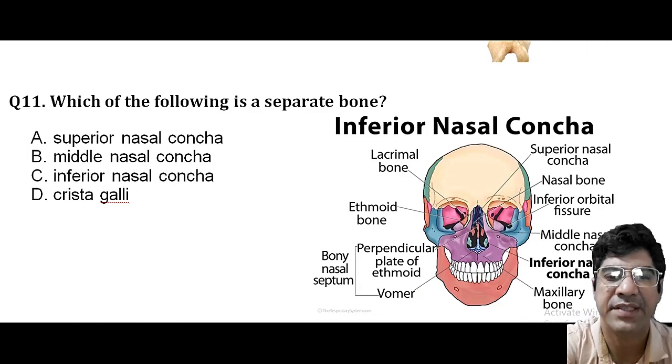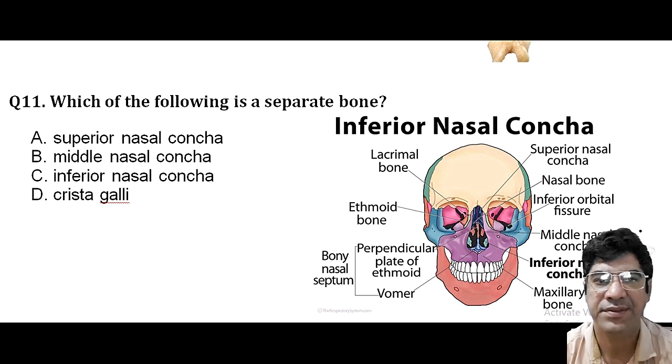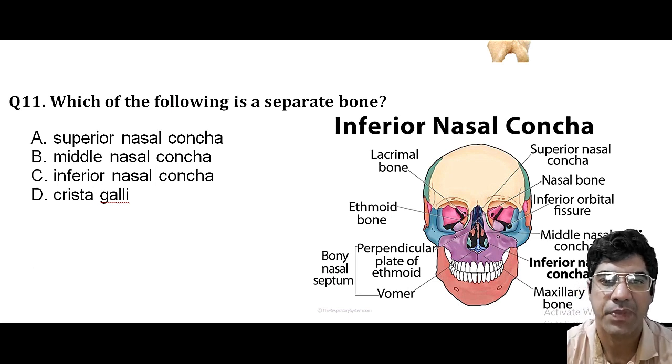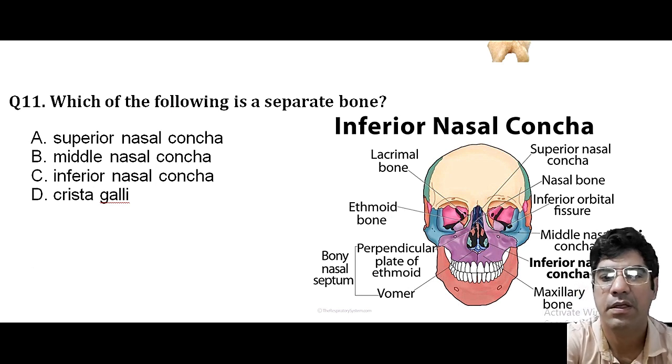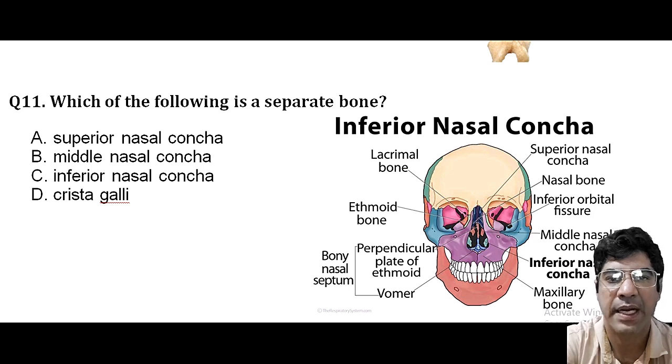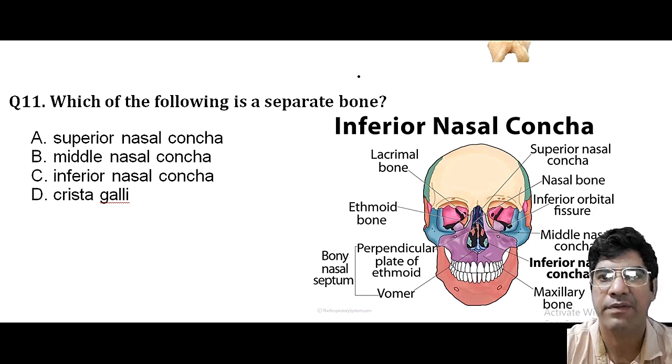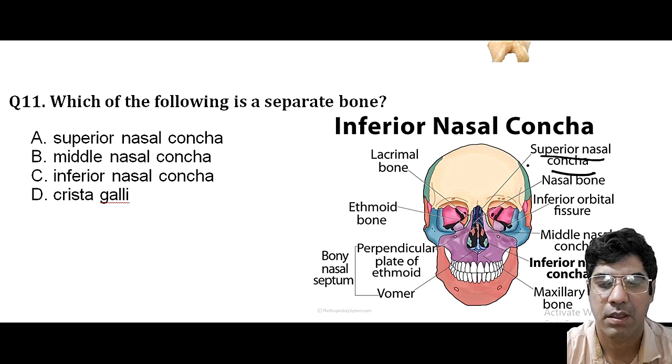Which of the following is a separate bone? The answer is inferior nasal concha. Well, the superior nasal concha is not a separate bone, it is a part of the ethmoid bone. The middle nasal concha is also a part of the ethmoid bone.